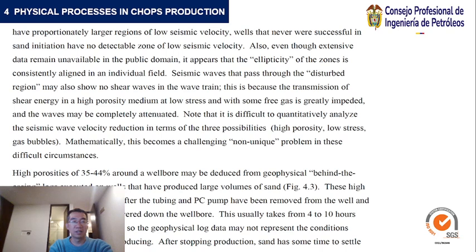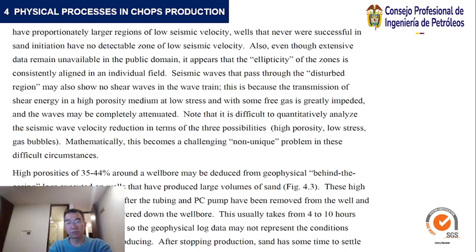These high porosities are measured only after the tubing and PC pumps have been removed from the well and a geophysical logging unit lowered down the well. This usually takes from 4 to 10 hours after production is interrupted, so geophysical log data may not represent conditions when the well was actively producing.